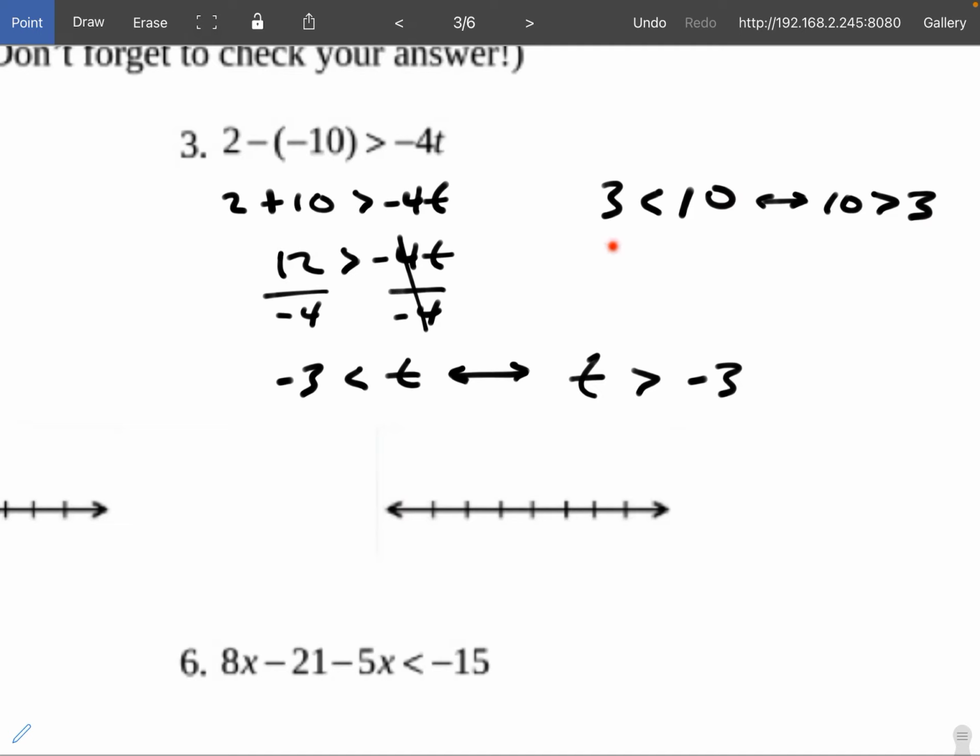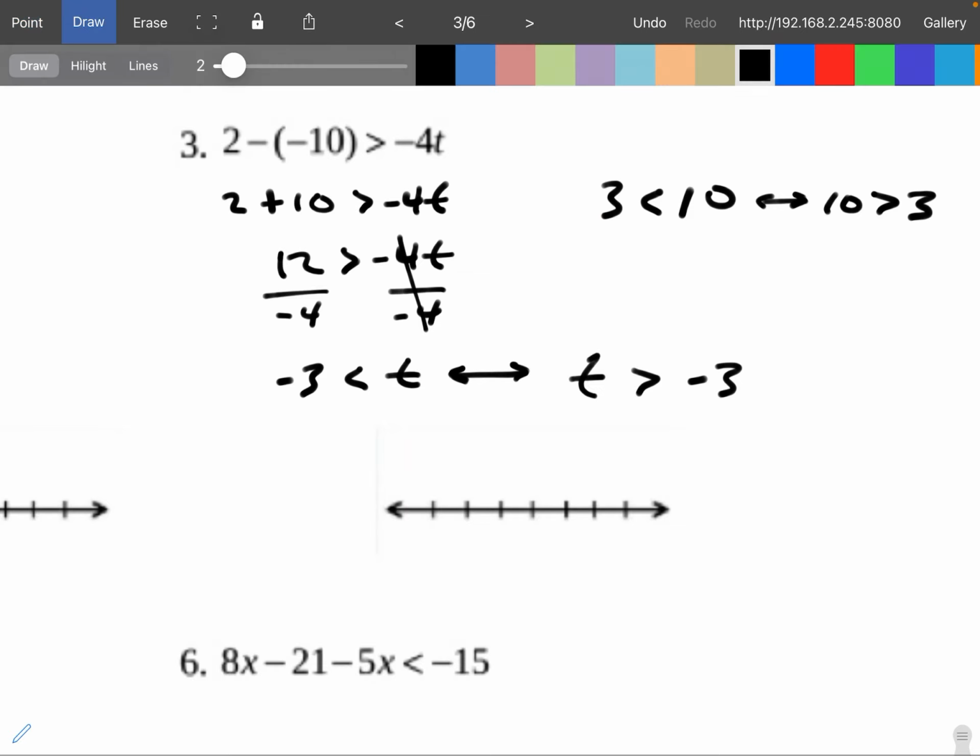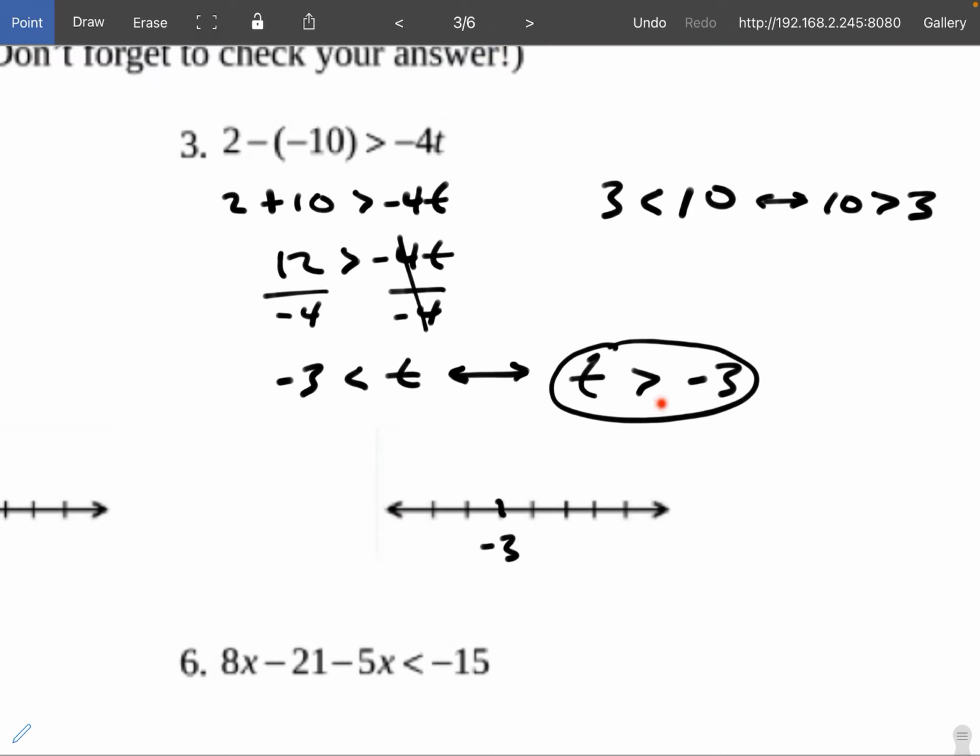Yeah, those are the same thing. 3 is less than 10 is exactly the same thing as saying 10 is greater than 3. In fact, if you just take this one right here and read it backwards, going from right to left, it says 10 is greater than 3. So that's kind of what I did to get this answer right here.